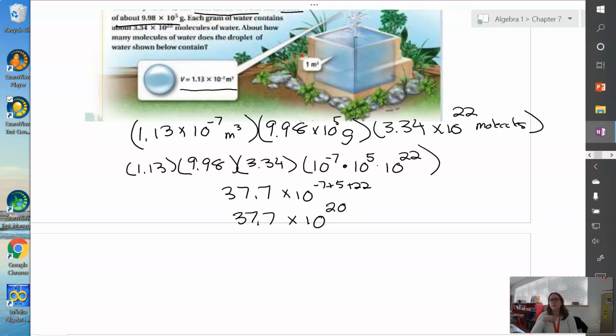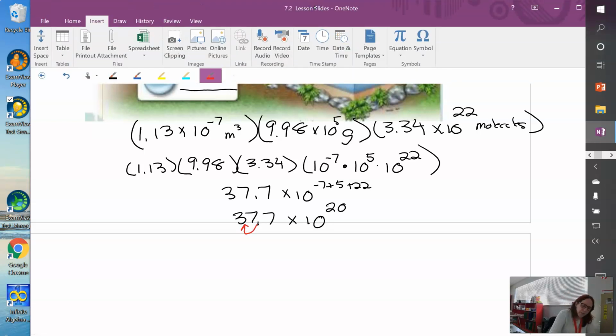Now scientific notation has a rule, and the rule is that we don't have two numbers to the left of the decimal point. It has to be a number between 0 and 9.999, whatever. So I need to take this decimal point and slide it over that way. And when I do that, I'm actually dividing that number by 10.